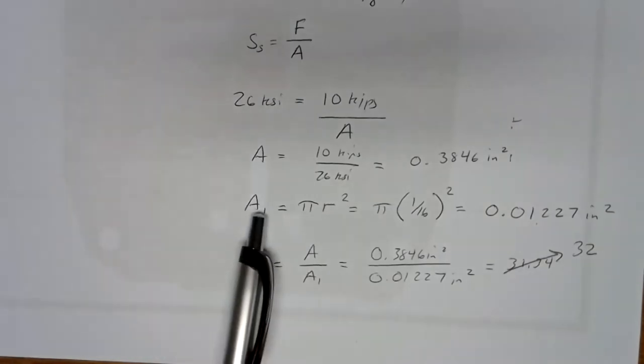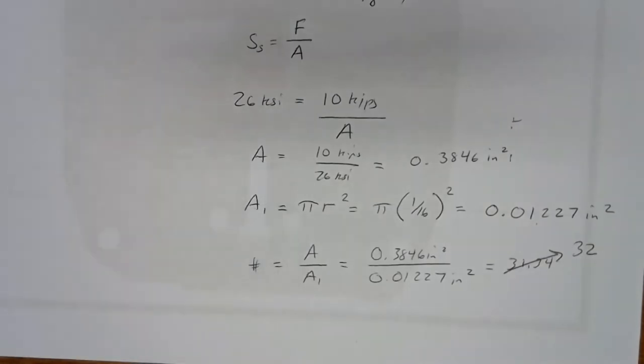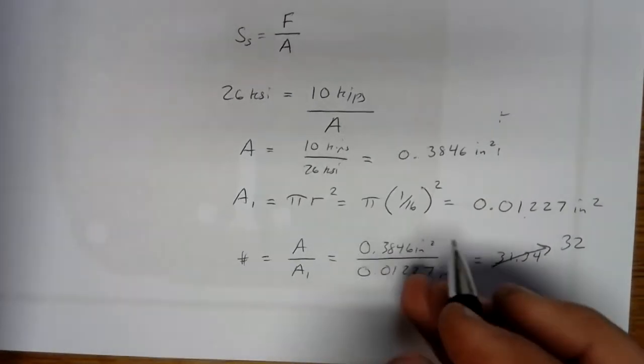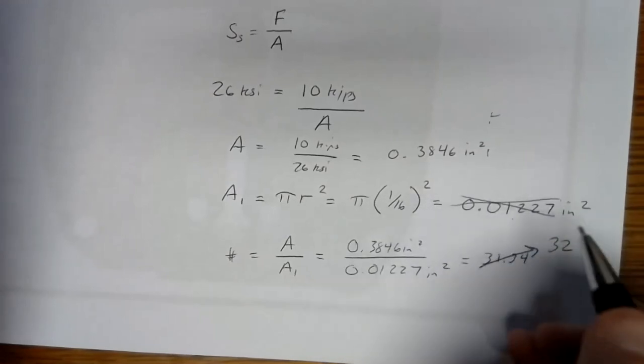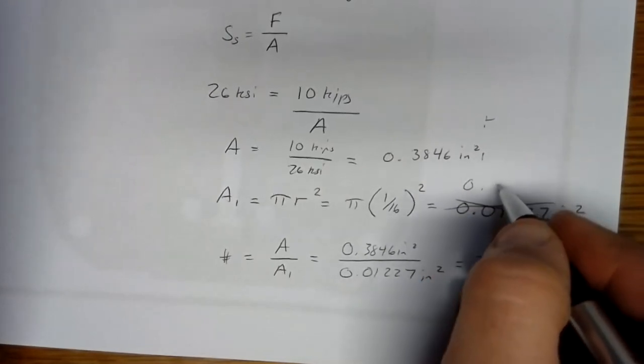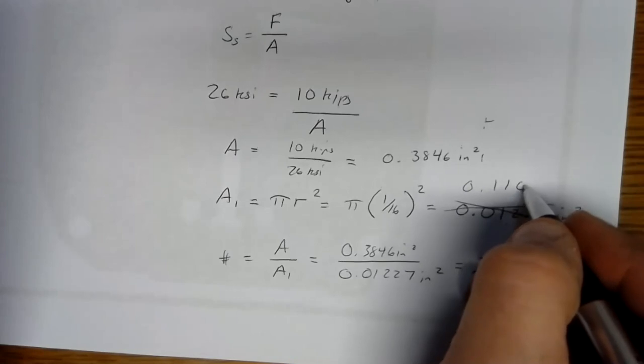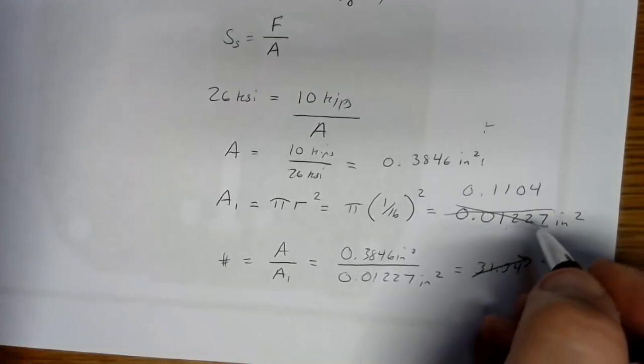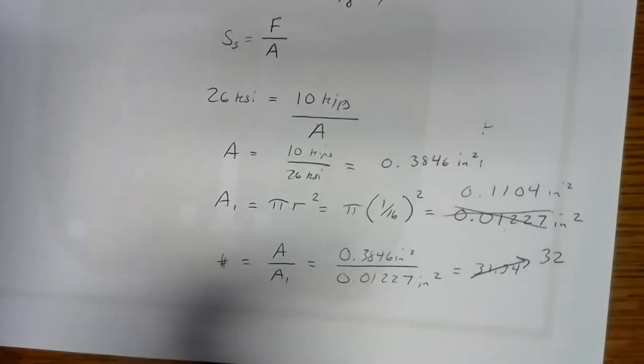What'll change is the area that one rivet contributes to that. So if I'm using 3/8 inch rivets, that's 3/8 diameter, so 3/16 radius. So we figure out the area of one rivet. Area of one 3/8 inch rivet is not 0.01227, it's 0.1104 square inches.